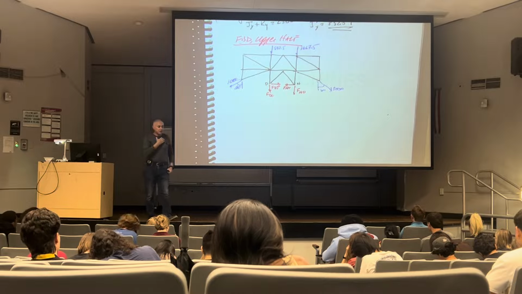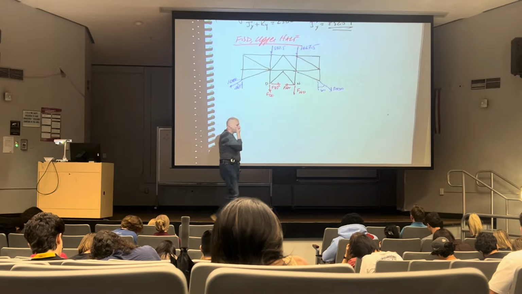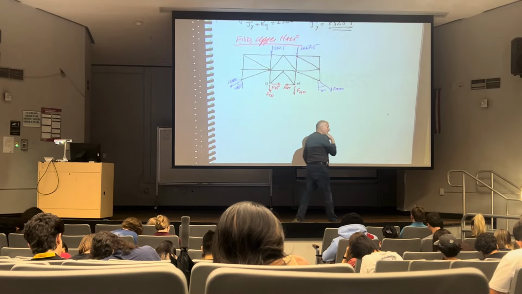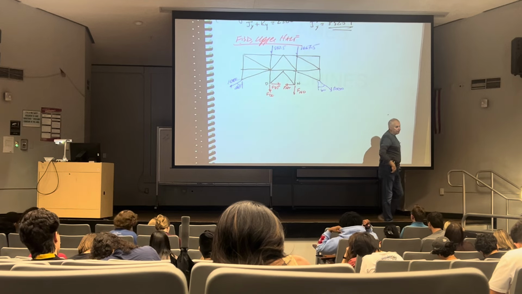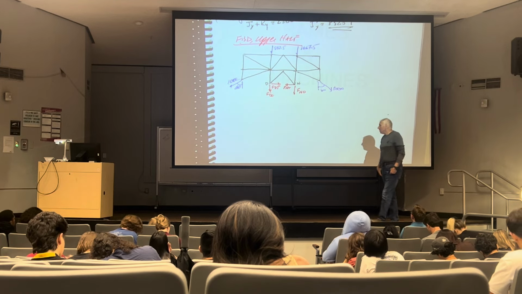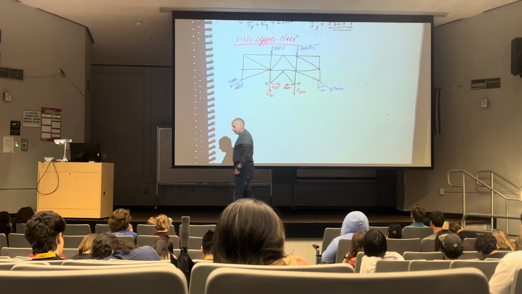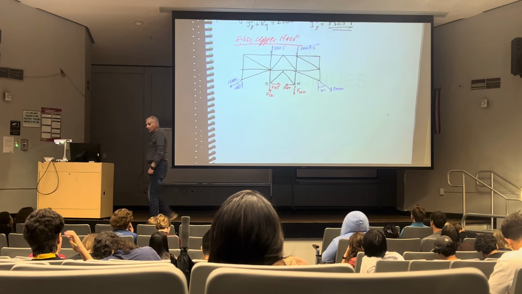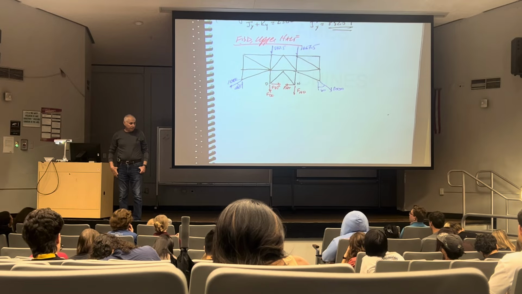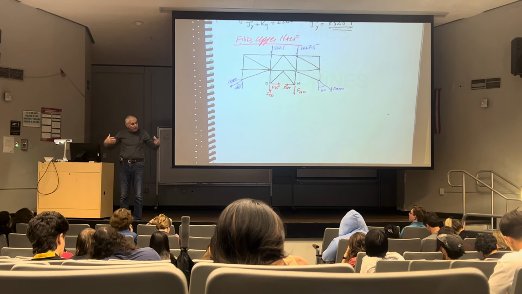Now, let me ask this question. If you were a betting person, what would you bet DC and NO to be, tension or compression? Why? They're acting like columns.